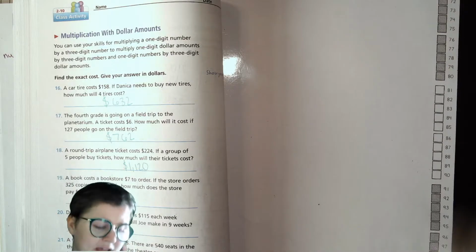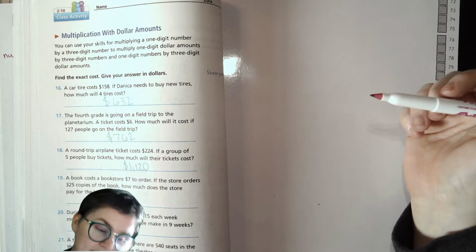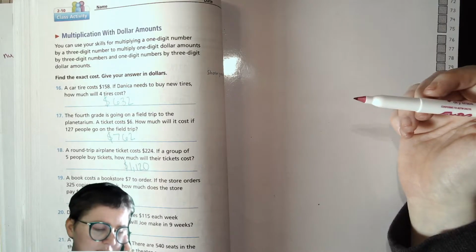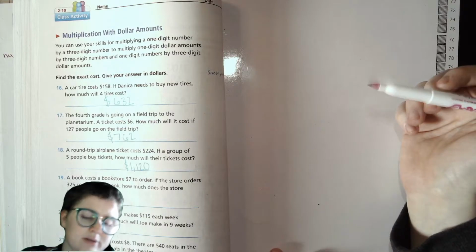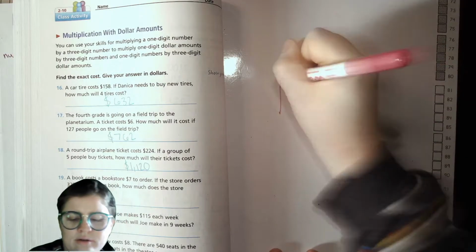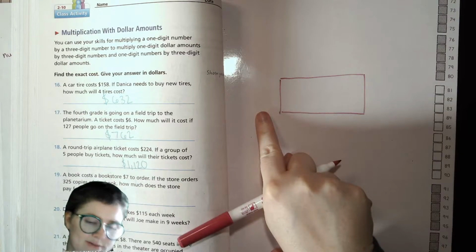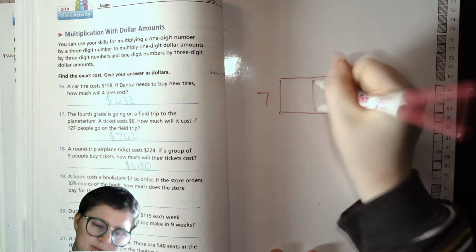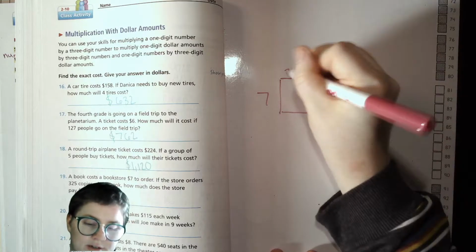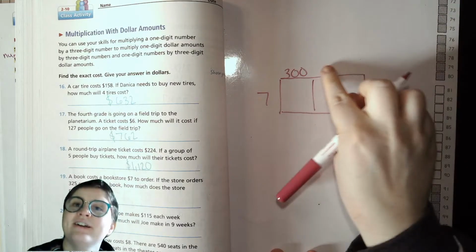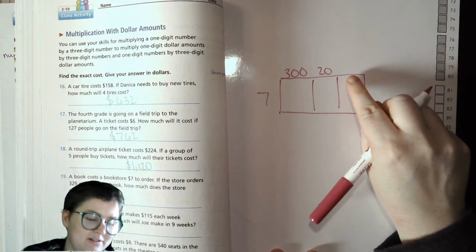Okay. A book costs a bookstore $7 to order. If the store orders 325 copies of the book, how much does the store pay for the books? All right, what goes here? 7. What goes here? 300. What goes here? 20. What goes there? 5.